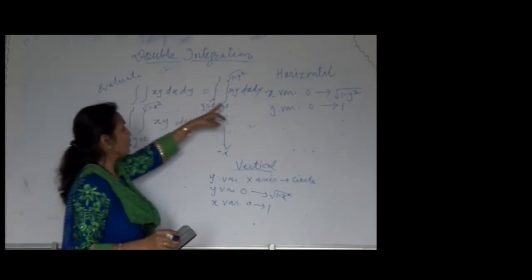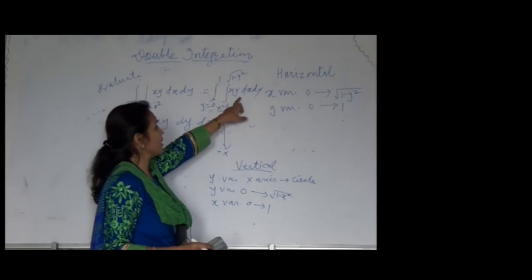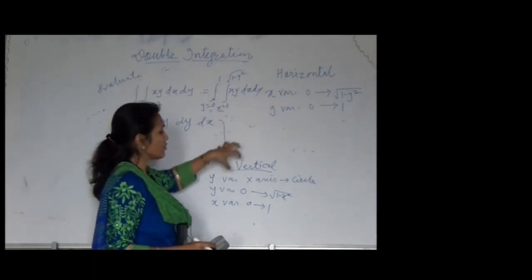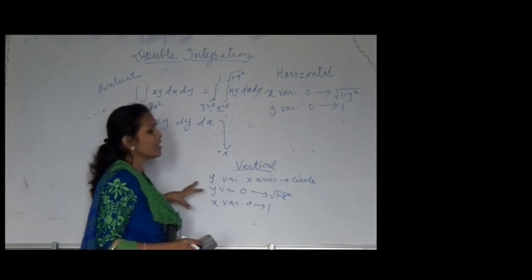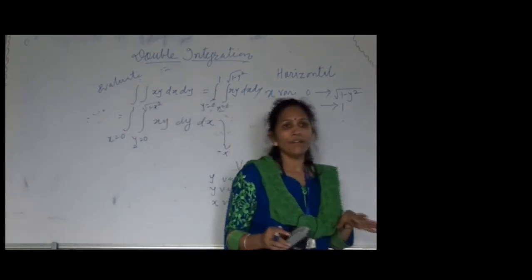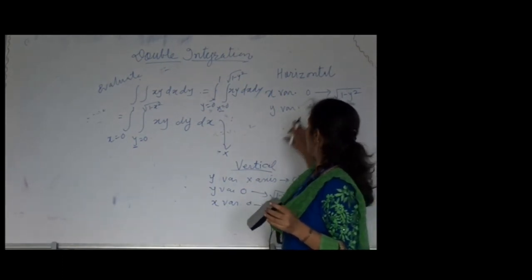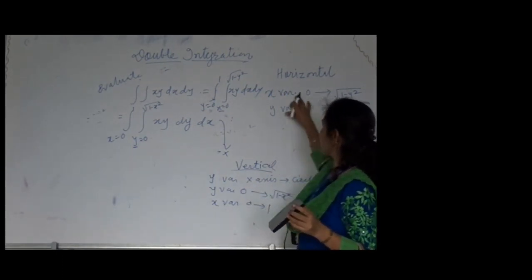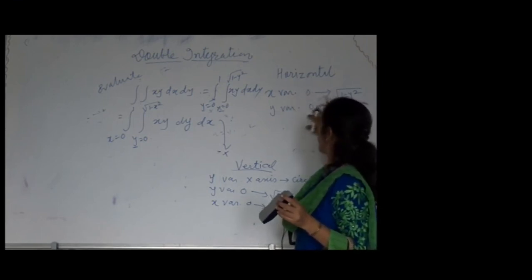If I am drawing the horizontal strip, always I get the order of integration dx dy. From this we can generalize some rules: when a vertical strip is drawn, first write the limits for y, then for x. When a horizontal strip is drawn, first write limits for x, which vary in curves, and y varies in constants.